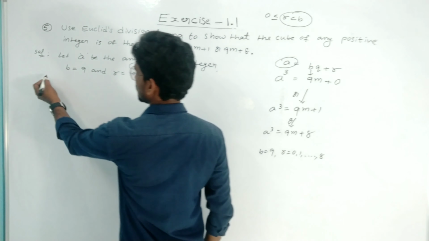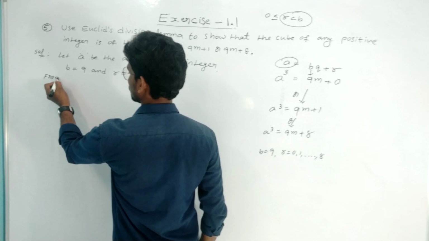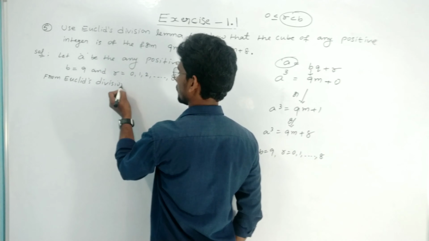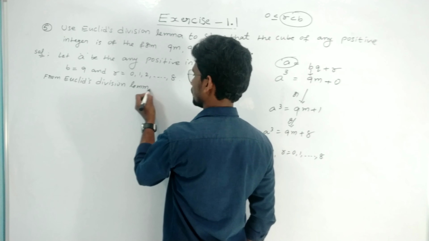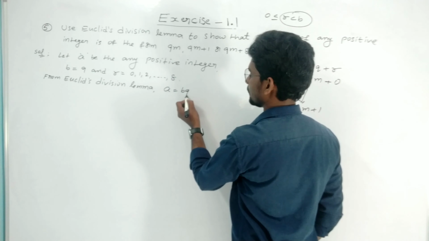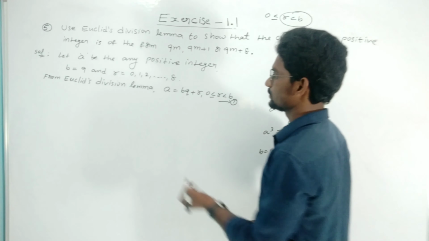From Euclid division lemma, that is a is equal to b q plus r, where 0 less than or equal to r less than b, equation number 1.